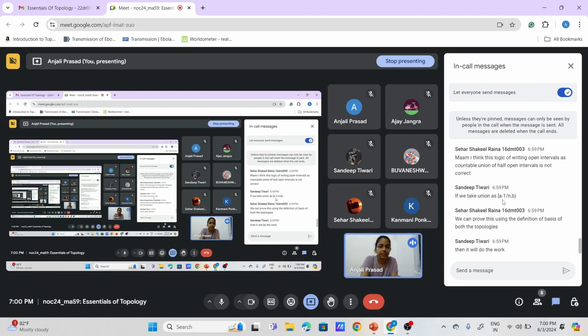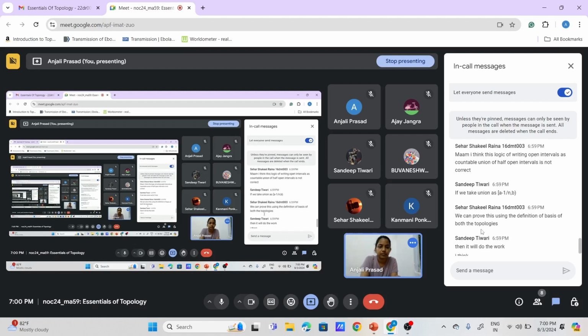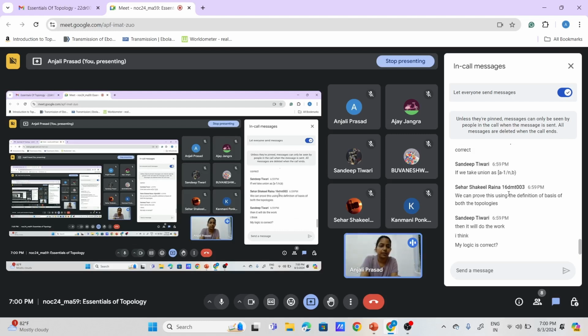Open interval a, right? So its union will be the open interval (a, b). Is it clear? Yes, you got the logic right: if you take [a - 1/n, b) and just take its arbitrary union, yes, your logic is correct.